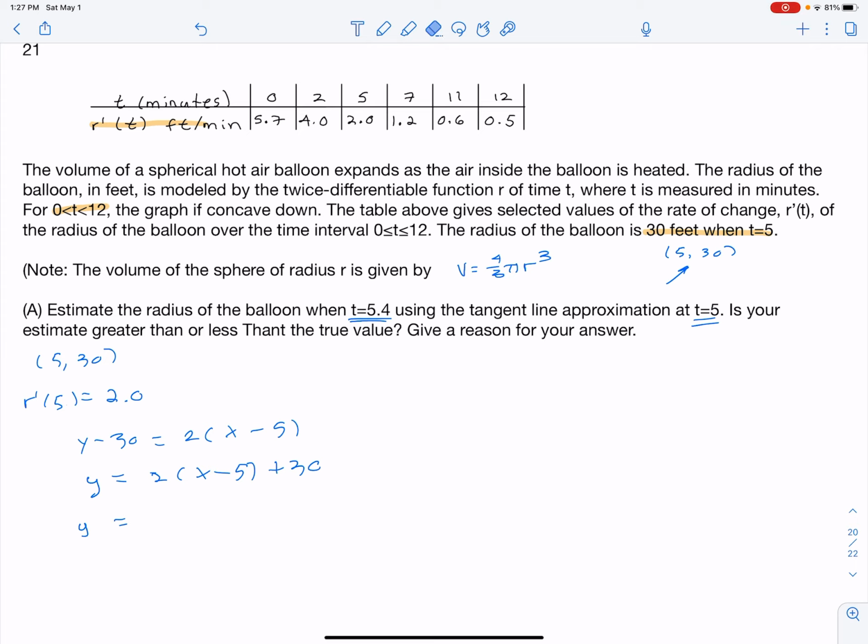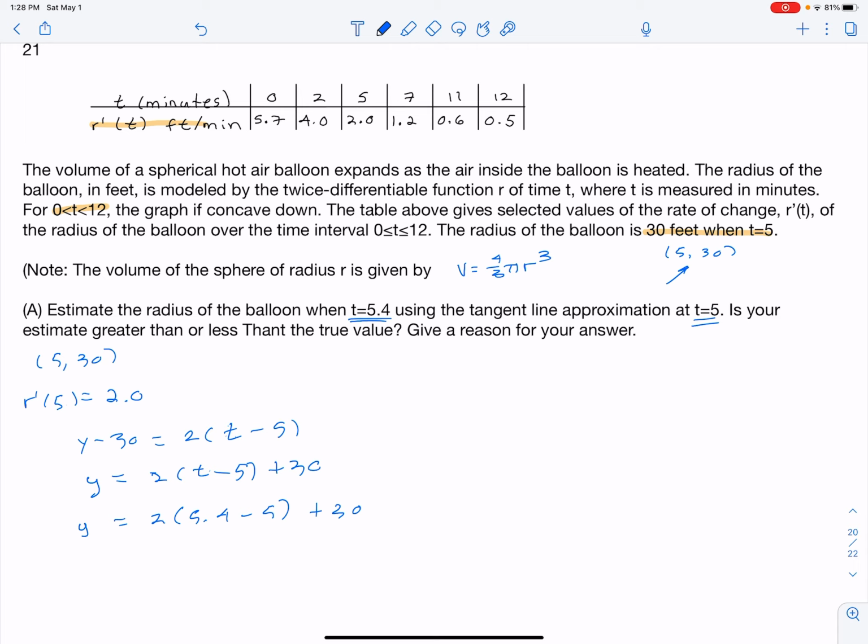I know I've been using x's, but technically we should be using t's. I don't think they would take off for that, but it's a good idea to use the variable they had. So we have 2 times (5.4 minus 5) plus 30. That would be our approximation.